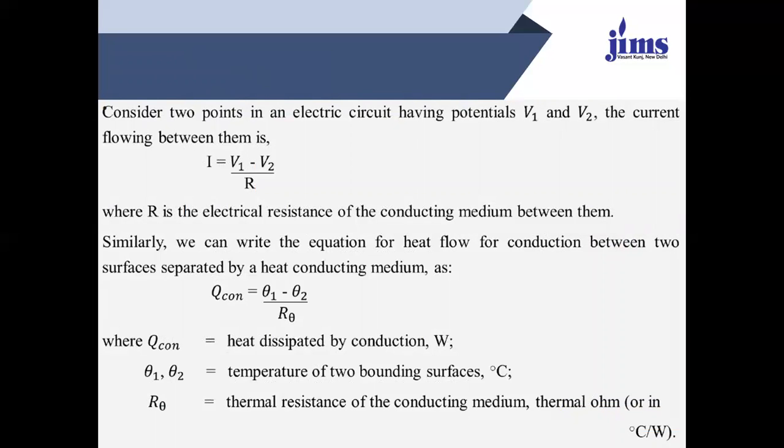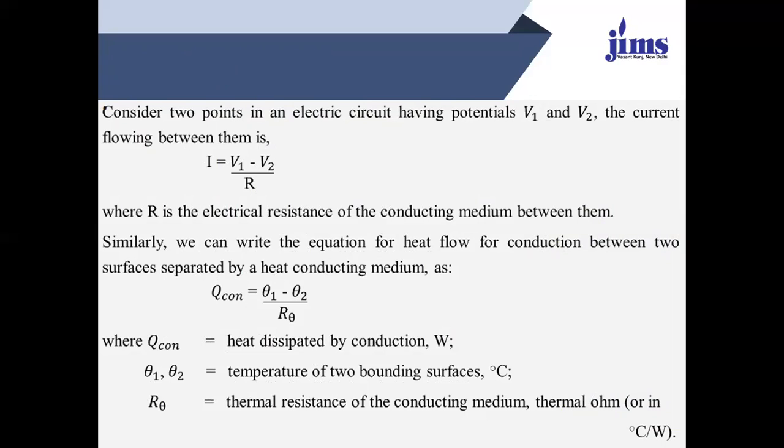Similarly, we can write the equation for heat flow by conduction between two surfaces separated by a heat conducting medium as Q cond equal to theta 1 minus theta 2 upon R theta. It is the difference between the temperatures, and R theta is the thermal resistance. So here we compare the electrical equation with the thermal equation.